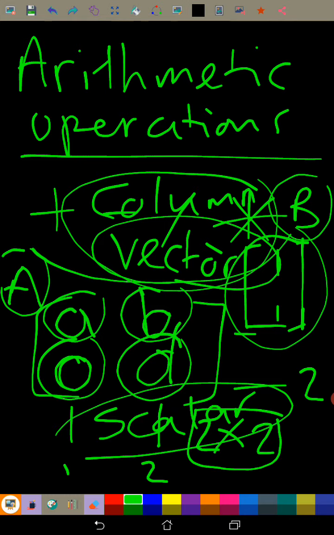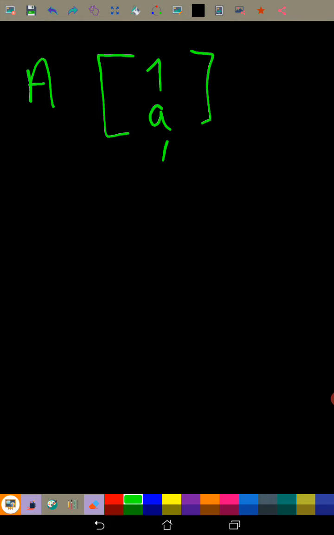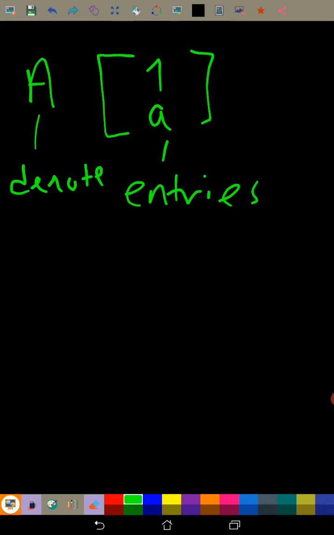Let's have a look at some examples. These are entries, and this is the denotation of a matrix.